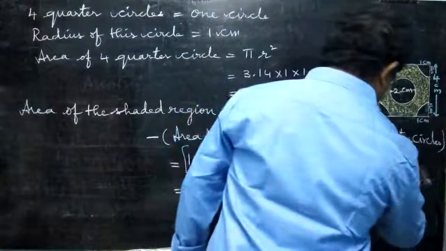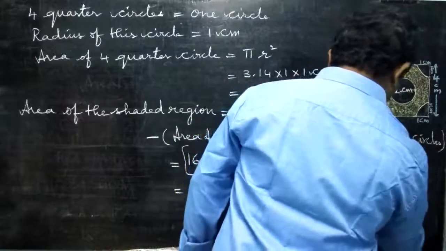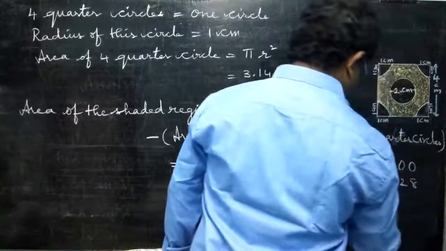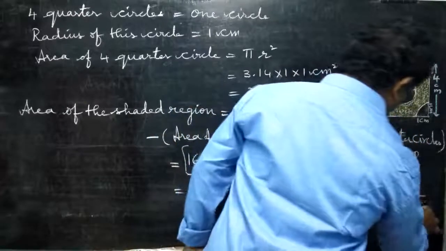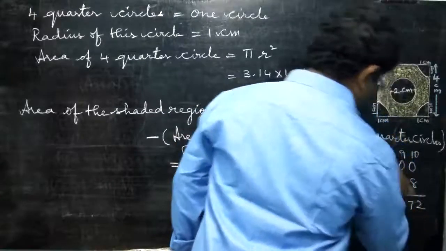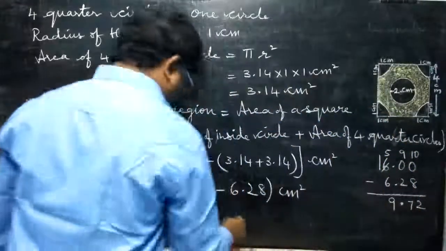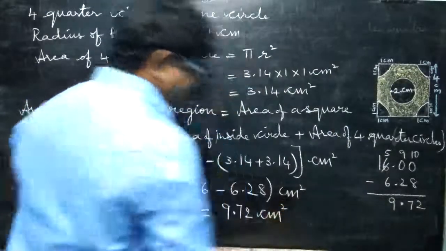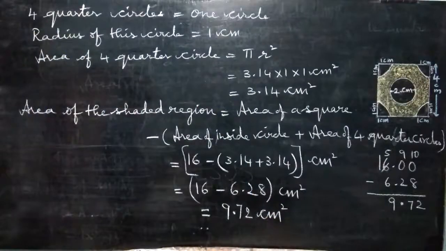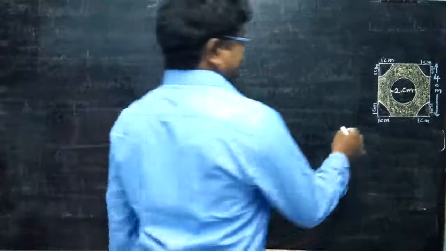From 16 subtract 6.28, we get 9.72 square centimeters. This is the area of the shaded region. Therefore, the area of the shaded region is 9.72 square centimeters.